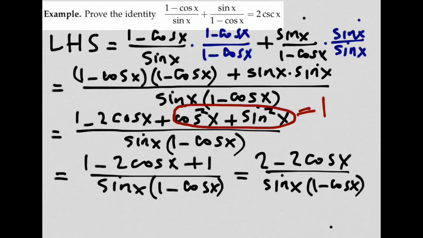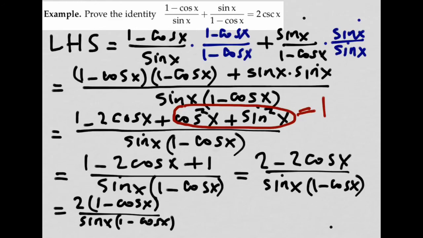If we factor out a 2 in the numerator, we have 2 times (1 minus cosine x) over sine x times (1 minus cosine x).